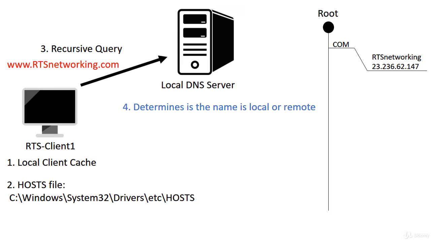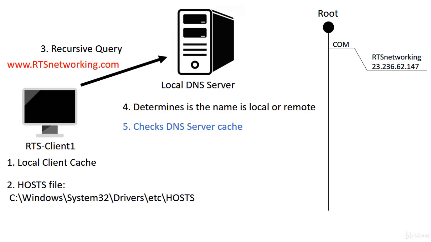One of the concerns we always have with DNS is how many queries it receives and how much stress is placed on the DNS server itself. The fifth step in the process is for the DNS server to check its own local cache. The point of the DNS server cache is to offload the stress on the DNS server itself. For example, let's say my coworker went to rtsnetworking.com a few minutes ago.